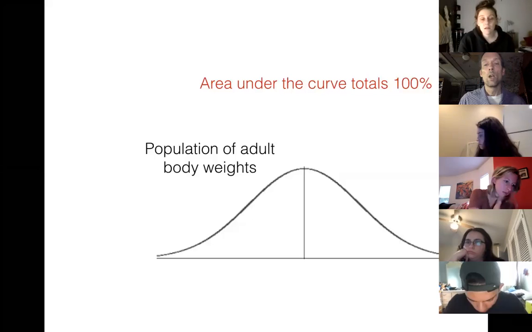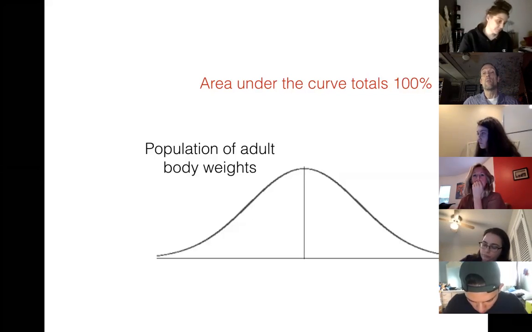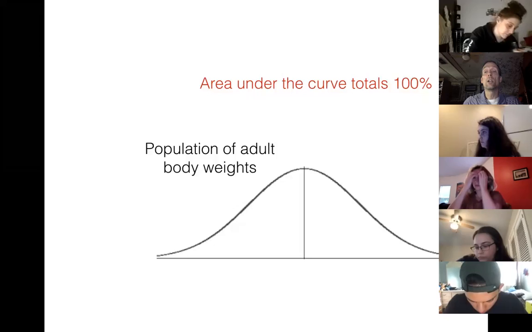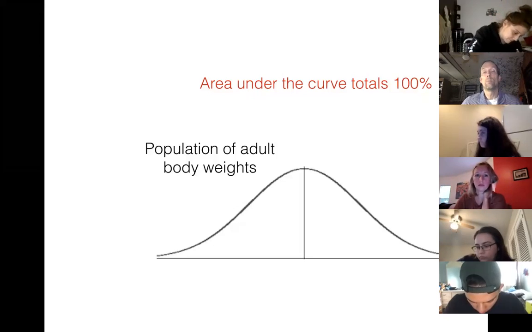Okay, so what we're going to start to do is, based on that statement of what we know, the area under that curve is 100% of our population, we're going to start to work some really cool probability questions. And we're going to be able to do it without even doing calculations. No numbers, well, no formulas, I should say. Just based on things we can see visually.